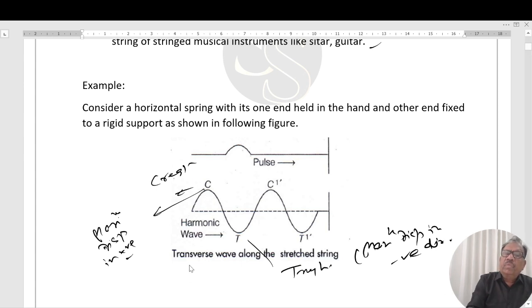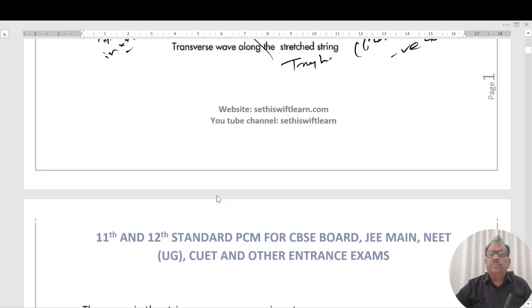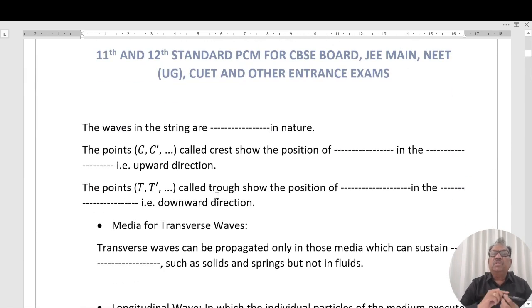The distance between two consecutive crests is lambda, between a crest and trough it is lambda by 2, and this is lambda by 4, right? The waves in the string are transverse in nature.